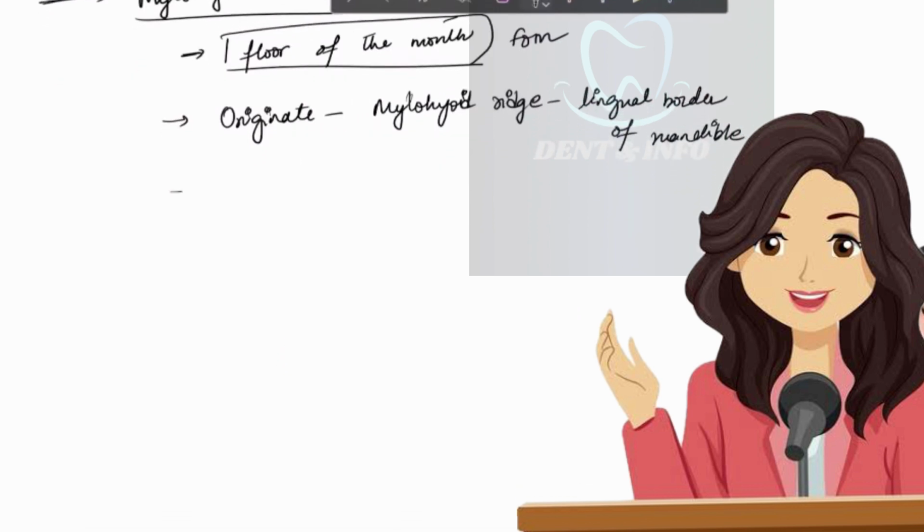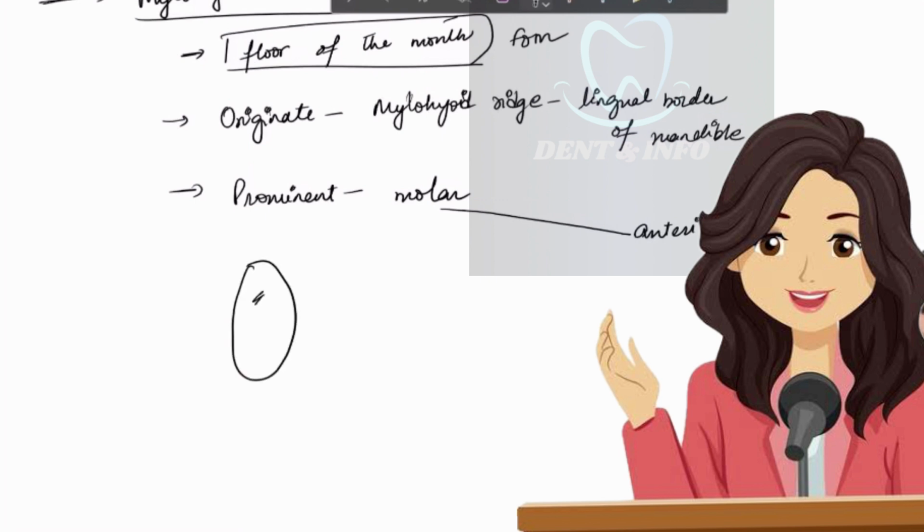Mainly, how is it? It is very prominent in the molar region, and then gradually it tapers down to your anterior region. So cross-sectionally, if I have to draw it in terms of mandible, if this is your bony area, in the molar region, it is located quite high, the attachment.